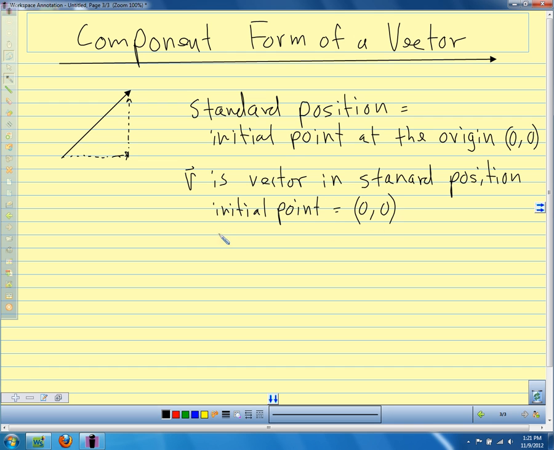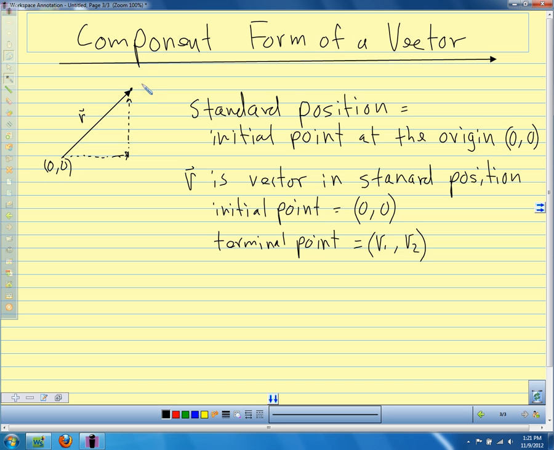And we're going to say its terminal point, so at the tip of the arrow, is at the point v1, v2. So what we have is our vector, if this is vector v, this is 0, 0. We're in standard position.